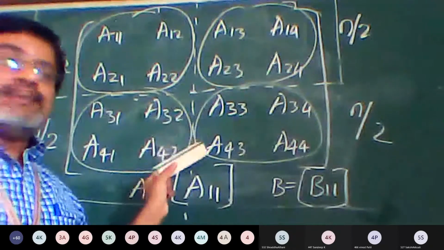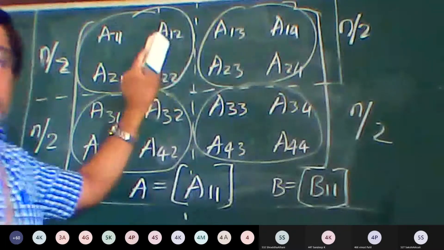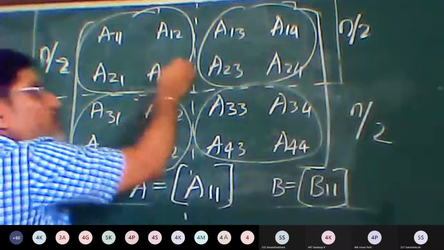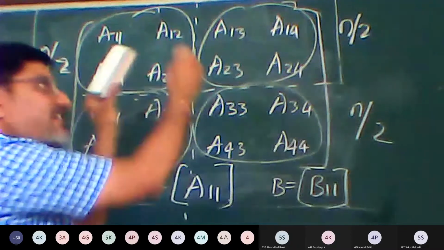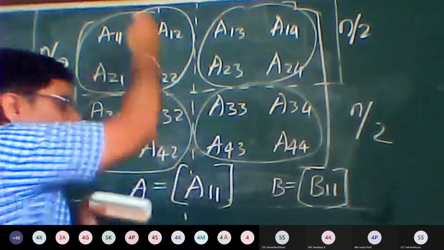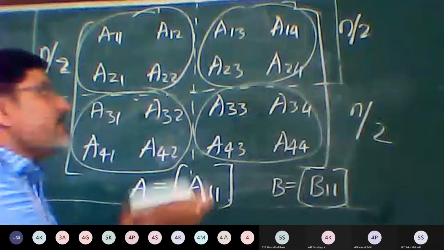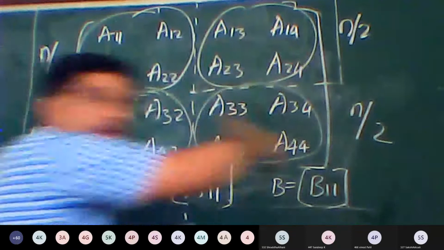Strassen has provided formulas to perform the matrix multiplication for the order of 2 cross 2 itself. That means when dividing the original matrices into partitions, we have to arrive at sub-matrices of 2 cross 2.